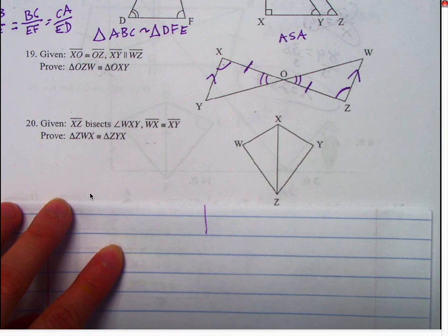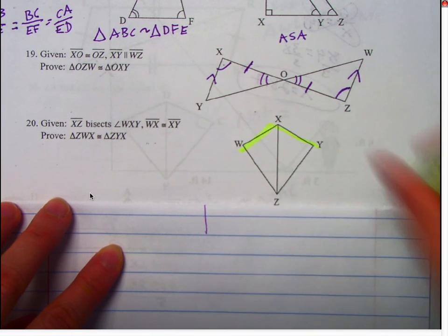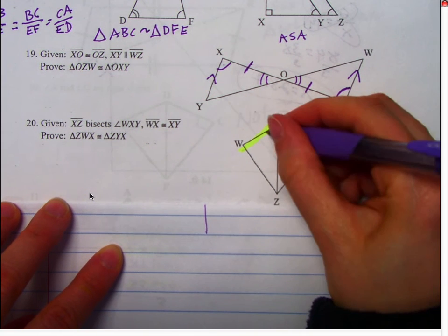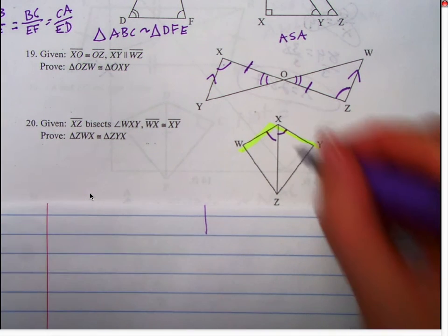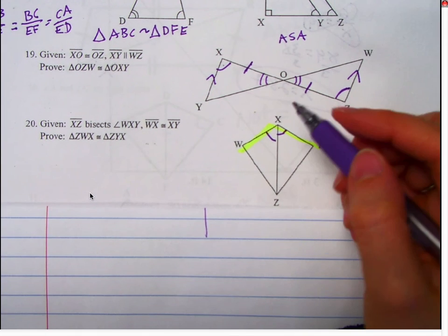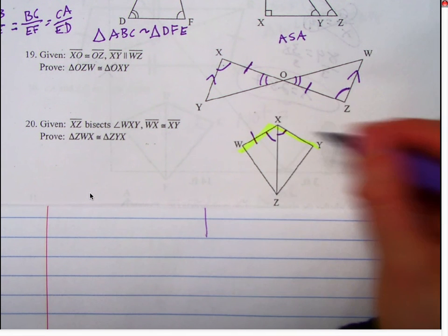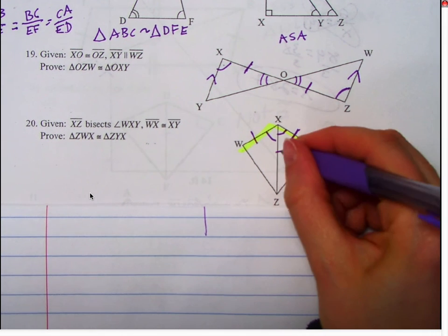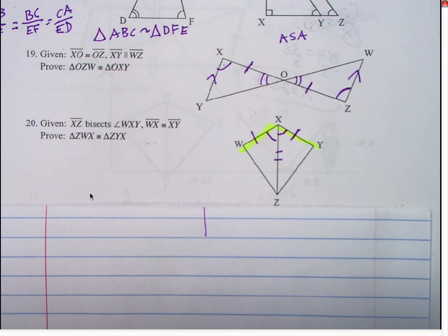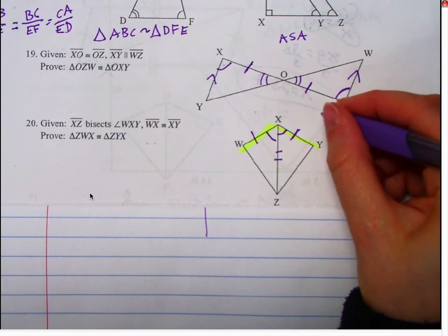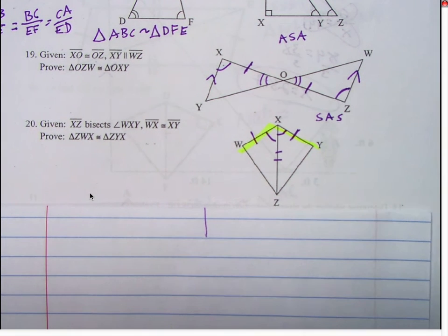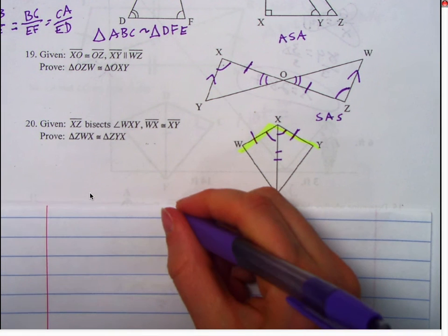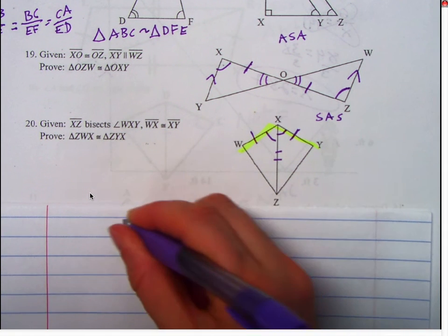XZ bisects angle WXY. It cuts these in half, so these are congruent to each other. WX is congruent to XY. And then XZ is congruent to XZ by reflexive. So this is by side, angle, side, that these are congruent to each other. So we've got my statements and my reasons.